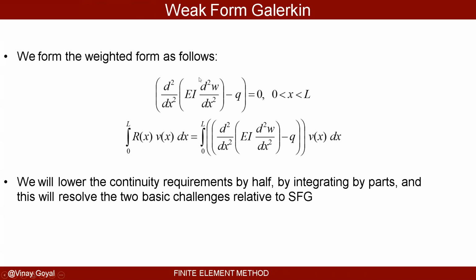So here, I'm going to take the residual and make it orthogonal to these weight functions, V, and set that equal to 0. By doing that, I'm making the residual function orthogonal to V. And my goal is to select an approximation for W. And for each of the trial functions or basis functions that make up W, I'm going to make this residual orthogonal to V.